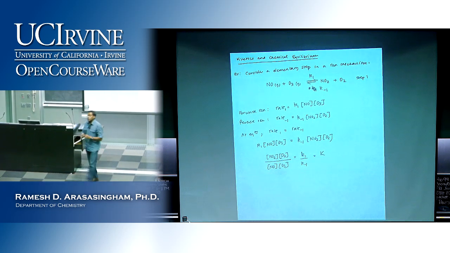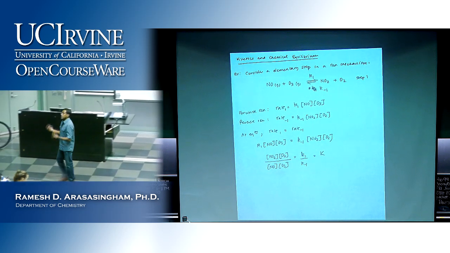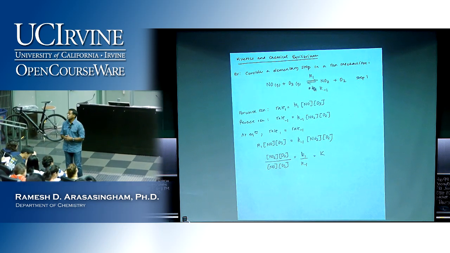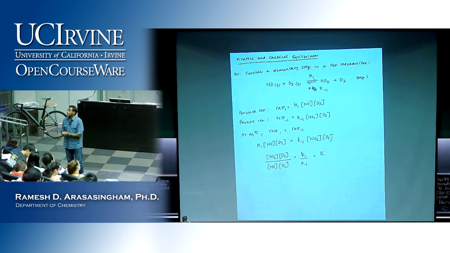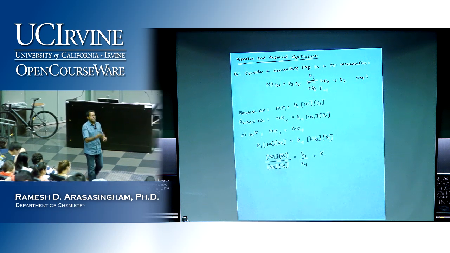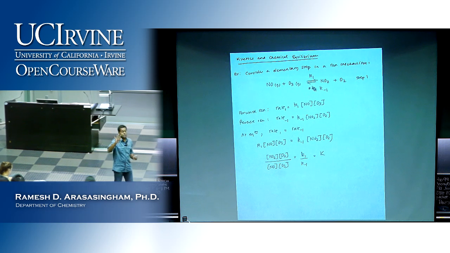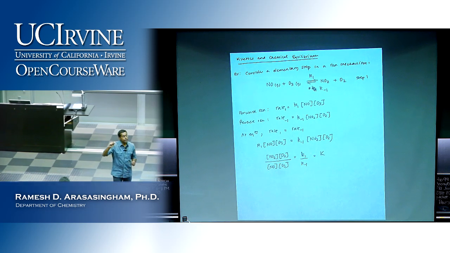All right? So if you want to relate the equilibrium constant to rates, it's a ratio of the rate constants. The equilibrium constant is K, capital K. All right?